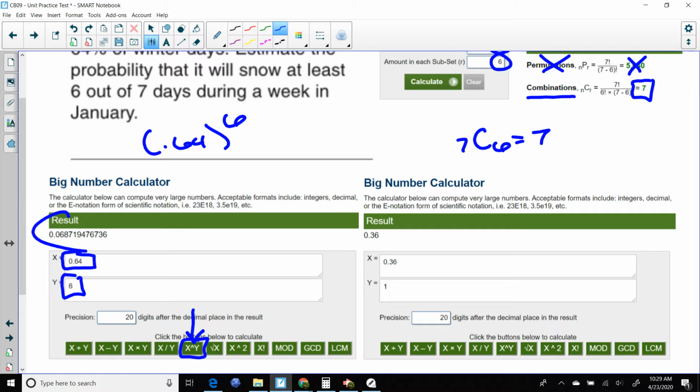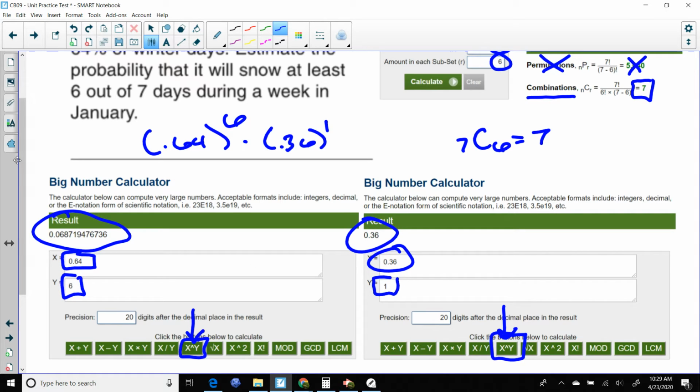That number gives me 0.0687 such and such. We would also do the failure rate of 0.36 to the power of 1. So here I'm putting in my 0.36 to the power of 1. I hit the power button, x to the power of y, and it gives me 0.36.